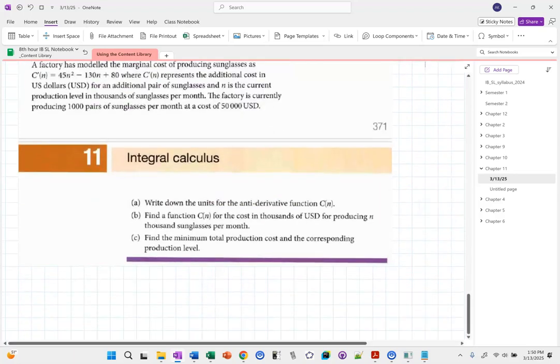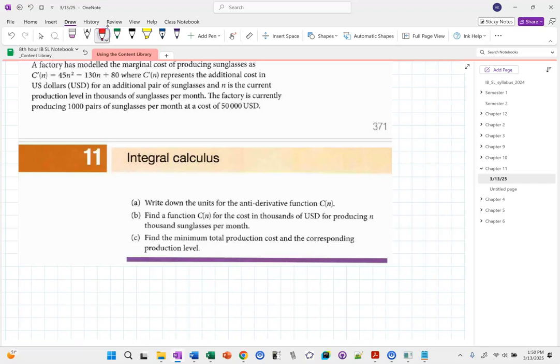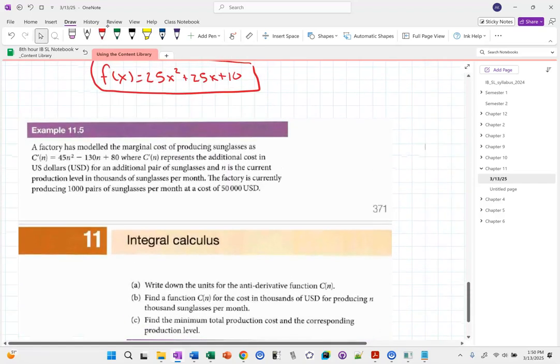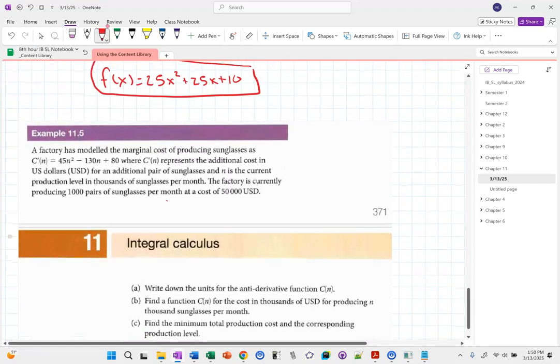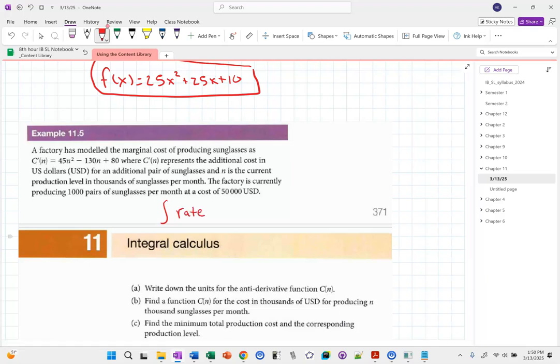Okay, so let's talk about some stuff about the integral in general. So if I'm doing the integral of some rate function, the integral is going to act like an accumulator, and the output's going to be a total.